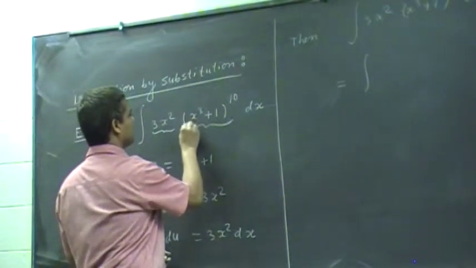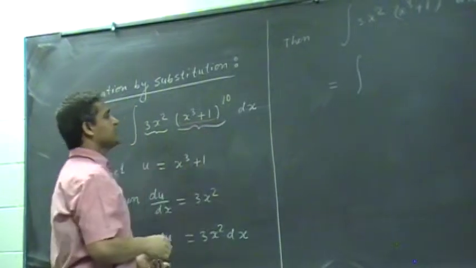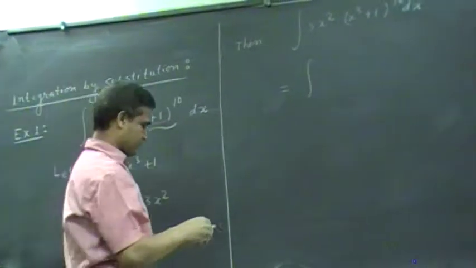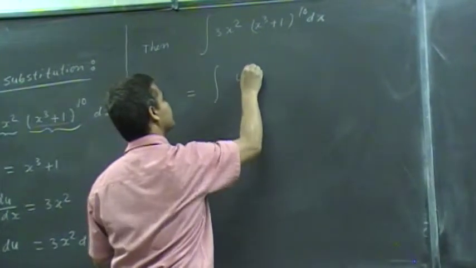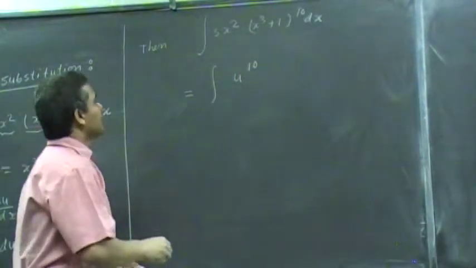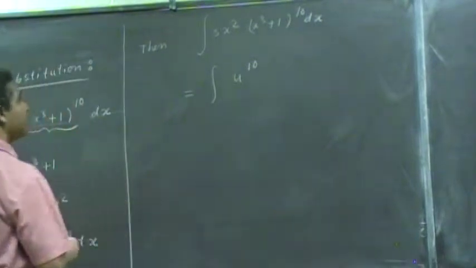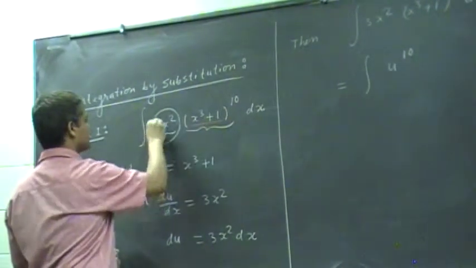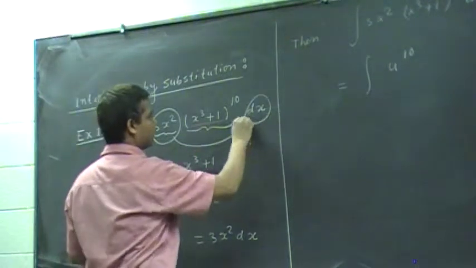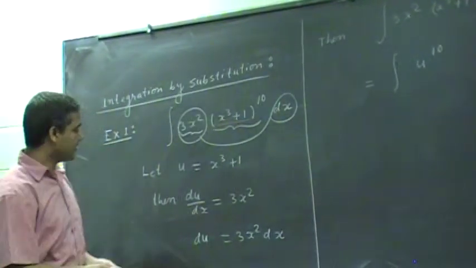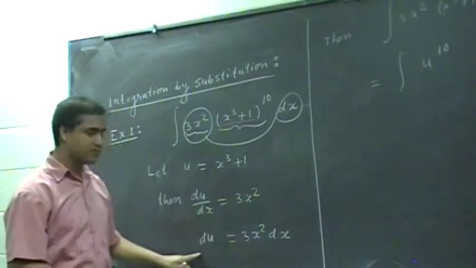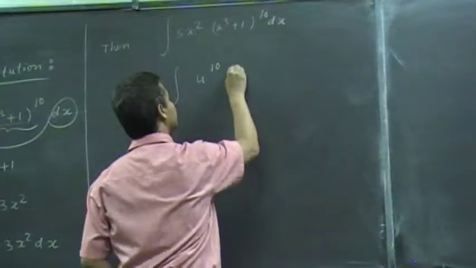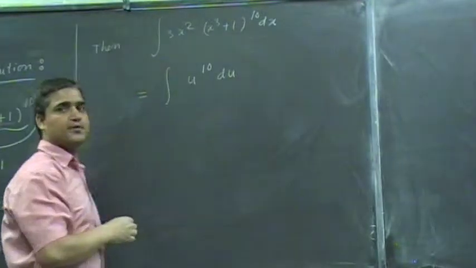This expression is u, so this is u to the 10, and 3x squared dx is nothing but du, which is readily integrable, right?